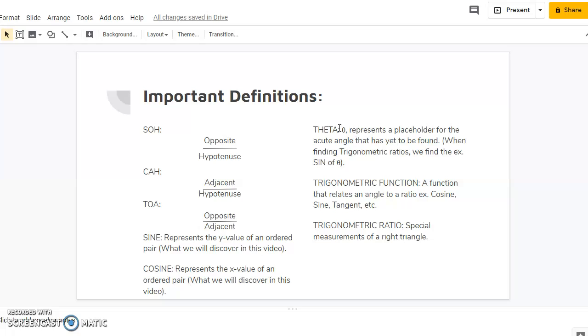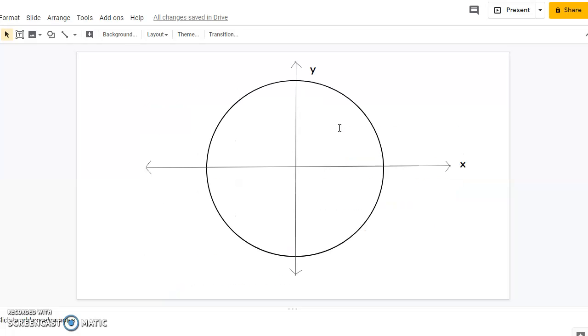So when we're trying to find an angle, it'll be the placeholder and it'll help us find SOHCAHTOA, or sine and cosine. A trig function would be sine, cosine, and tangent. And the trig ratio is those measurements of the right triangle that help find cosine, sine, and tangent.